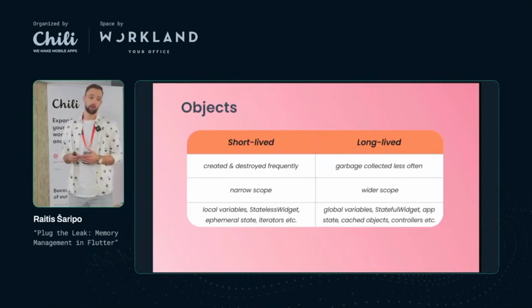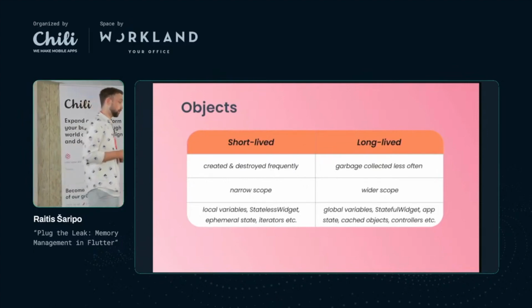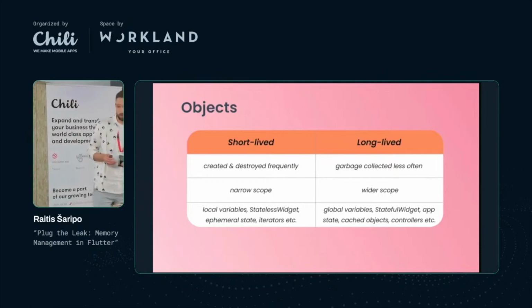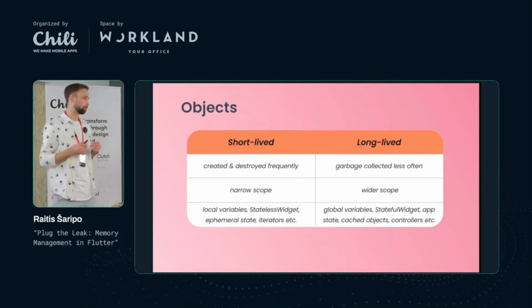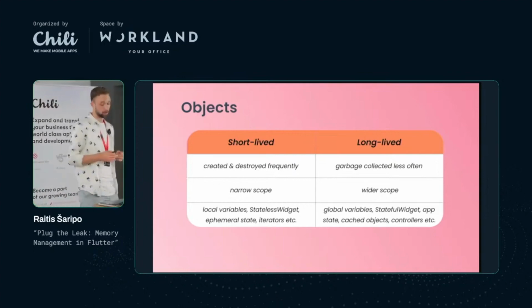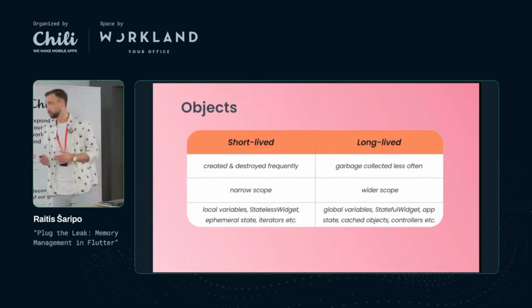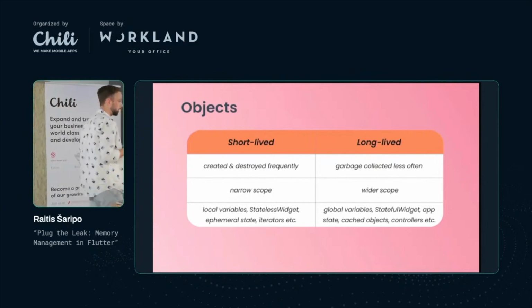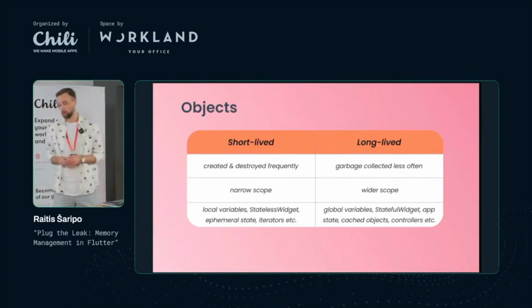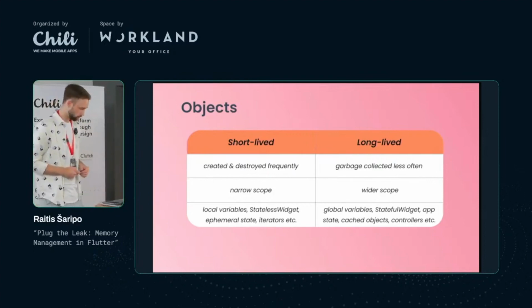Long-lived objects, on the other hand, are garbage collected less often because they persist in the app for longer periods of time, and usually they are global variables, app state, controllers, and even cached objects.